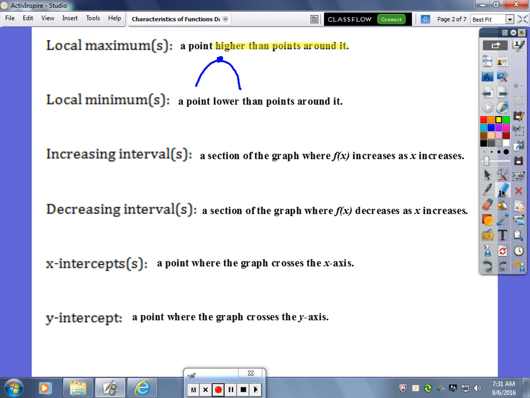A local minimum is a point lower than points around it. And here we can think of a valley. A valley with the lowest point being the local minimum, and the points around it on both sides are higher points.